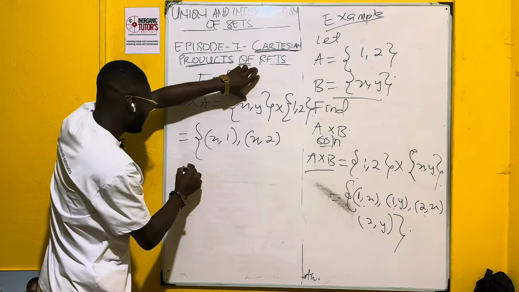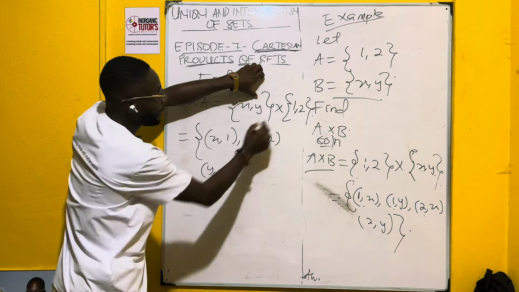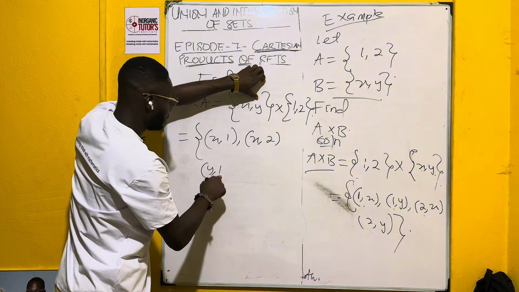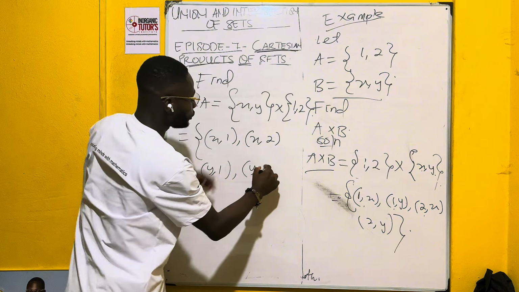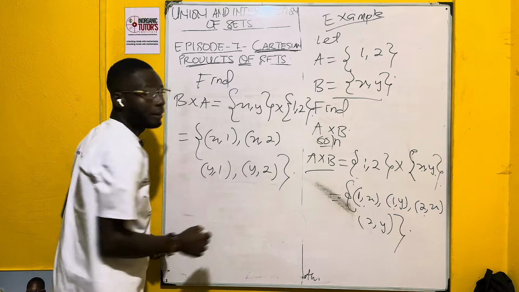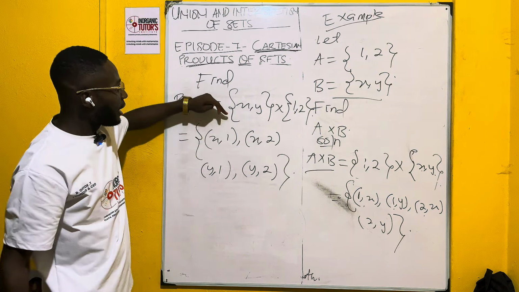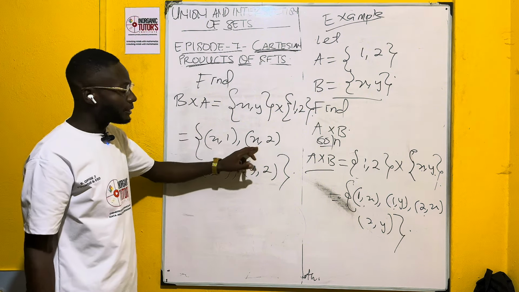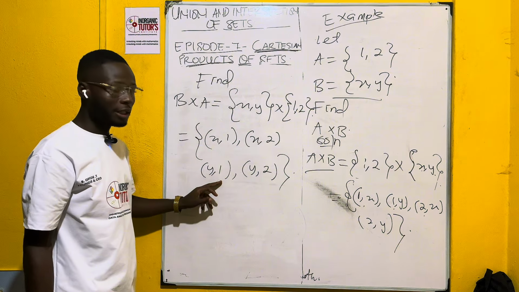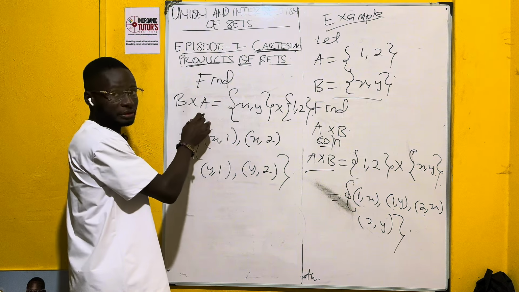Then we fix y, pair with 1, then fix y again, pair with 2, and this completes the pairing. So for B cross A, we have (x, 1), (x, 2), (y, 1), and (y, 2). So this is the pairing for B cross A.